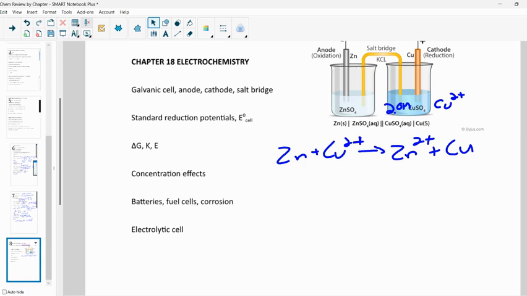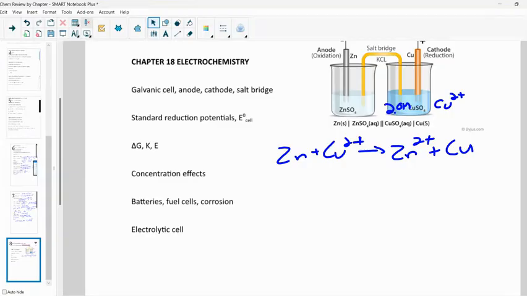Normally it's 1 molar, so my reaction's occurring. I double it. Now, think of Le Chatelier's principle. I've increased my reactants, so I'm going to get more of the forward reaction. I'm not at equilibrium. It's not stopped; I'm forcing it one way or the other. I'm just either speeding up or slowing down the reaction. By adding extra reactants, I'm going to speed up that reaction, so my cell voltage is going to increase.